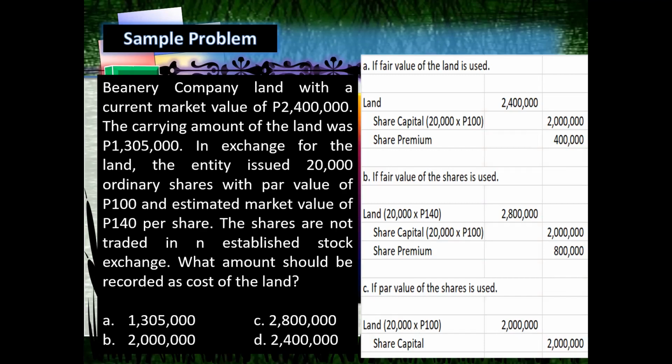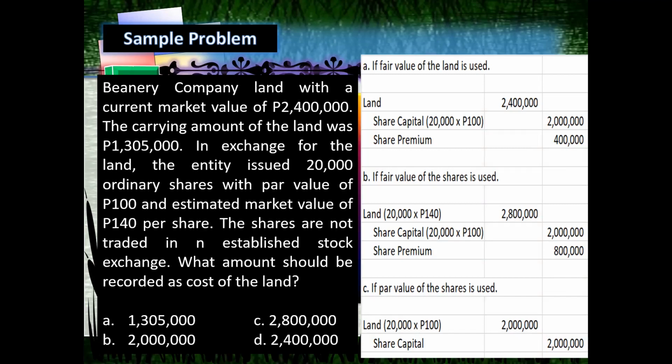So in exchange for the land, the entity issued 20,000 ordinary shares with par value of 100, estimated market value of 140 per share. So the shares are not traded in an established stock exchange. So what amount should be recorded as cost of the land? So depende yan, no? There are 3 possible approaches. Pero given the problem actually, ang ating pagbabasihan talaga is yung fair value ng ating land na nabili.